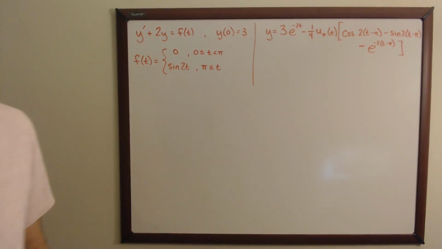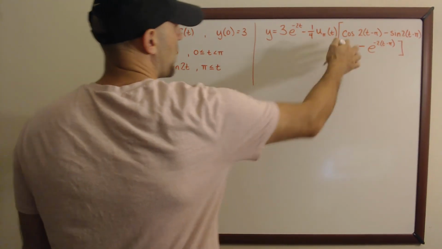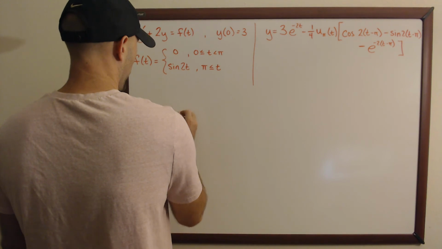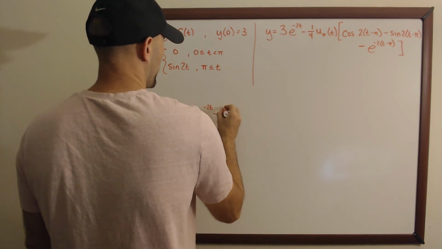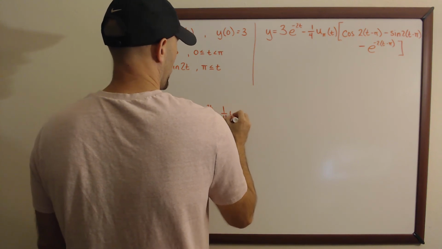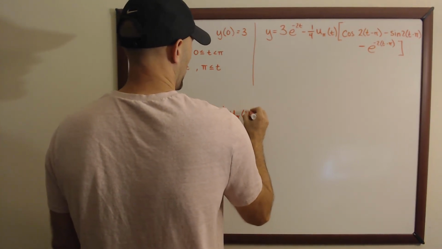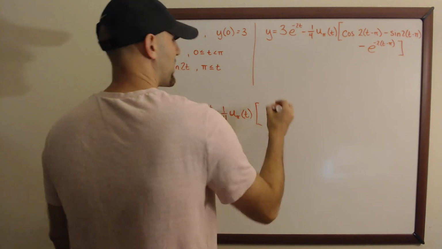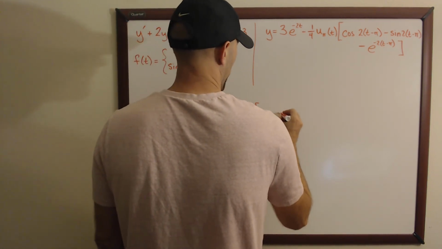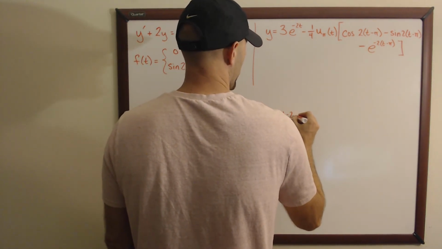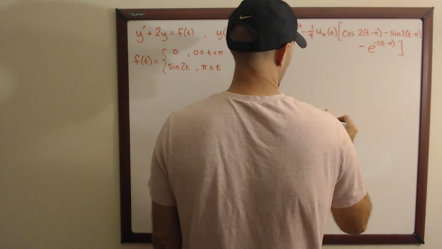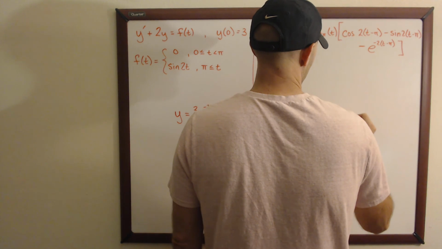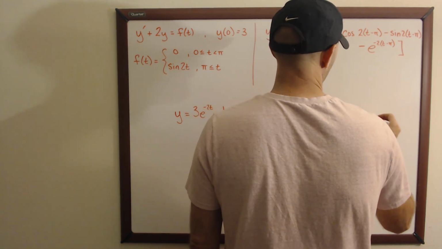Because, again, I could rewrite those trig functions, that's cosine of 2t minus 2 pi, and then sine of 2t minus 2 pi.